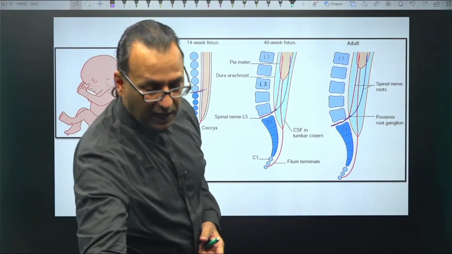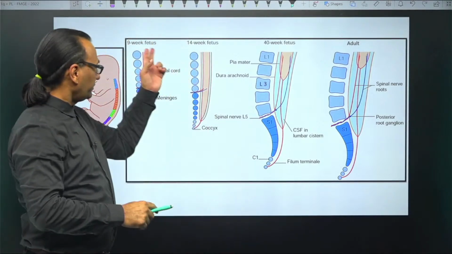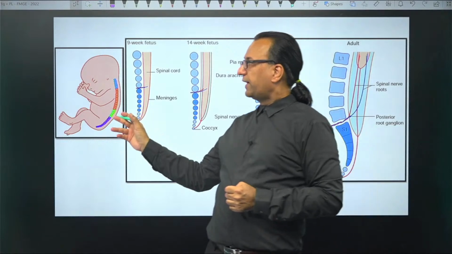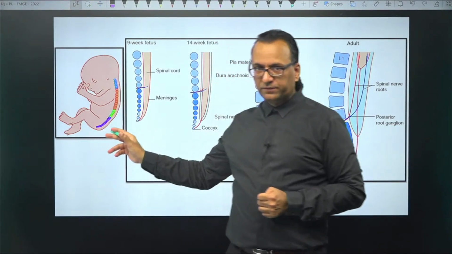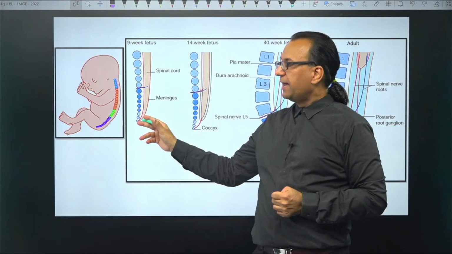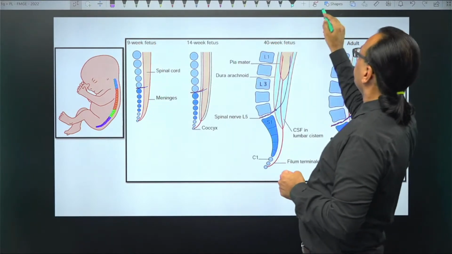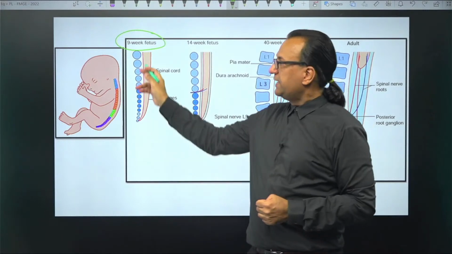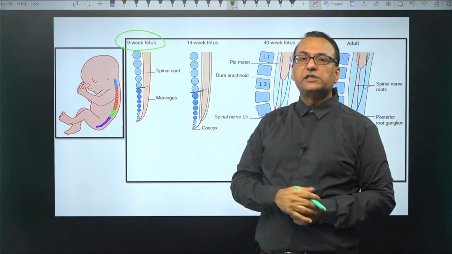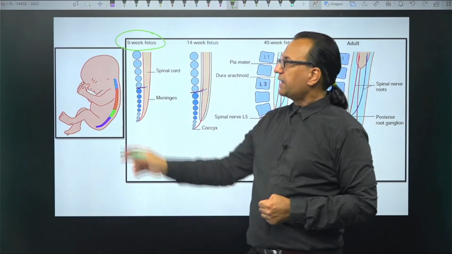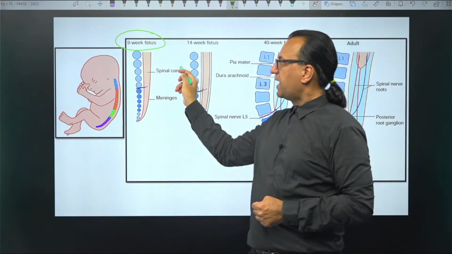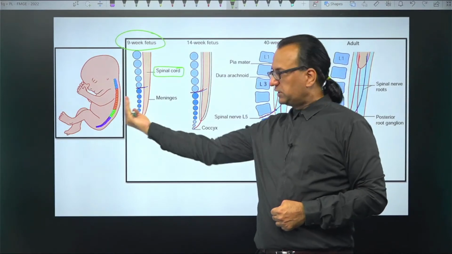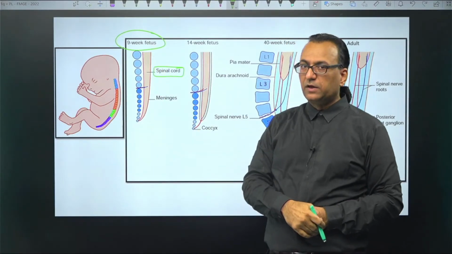Now here what I want to focus upon is, in the beginning, when you look at the developing fetus, you will find the length of the spinal cord is equal to the length of the vertebral column. In the early fetal stage, as you notice, 9-week fetus, these blue dots are basically the vertebrae in the vertebral column, and the length of the vertebral column is shown same as the length of the spinal cord, which is shown anterior to the vertebral column in this diagram.